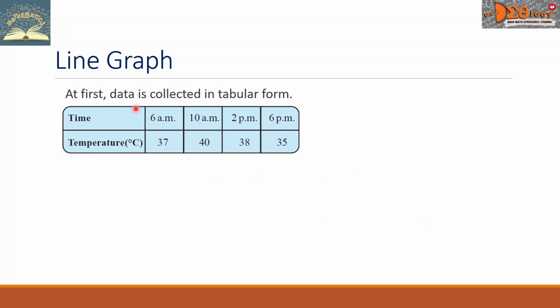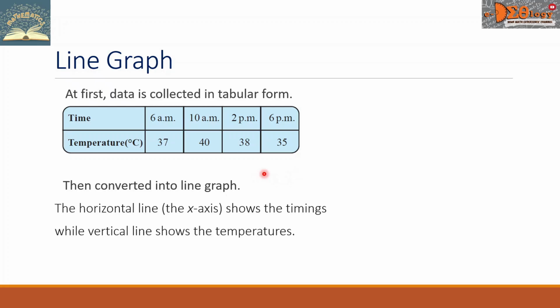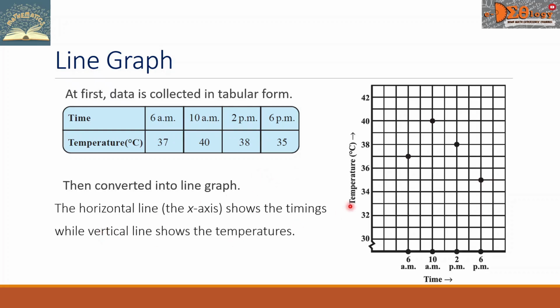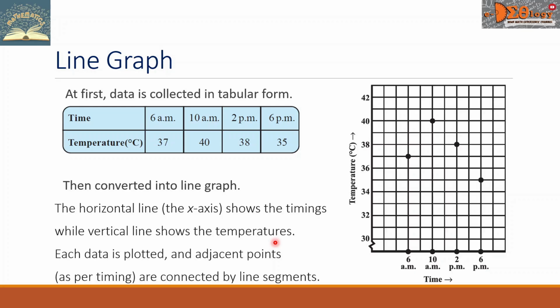At first, data is collected in tabular form, just like this. And then, this is converted into line graph. In this graph, the horizontal line or the x-axis shows the timings, while vertical line or y-axis shows the temperatures.